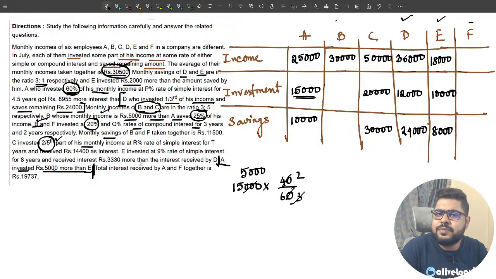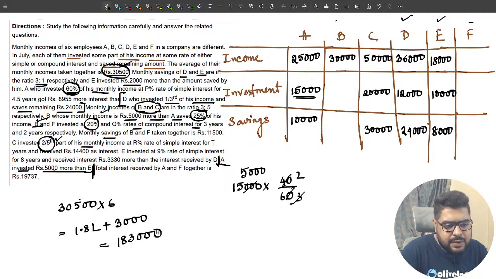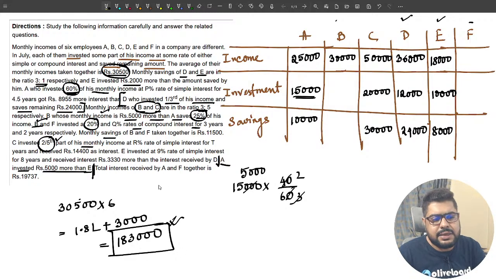Average is given, so total is going to be 30,500 into how many people? 6 people, sir. So this is 1,80,000, 1.8 lakh plus sir, this is 3,000. Correct, 183,000, sir. 30,000 into 6, and this is sir 5 sixes are 30.